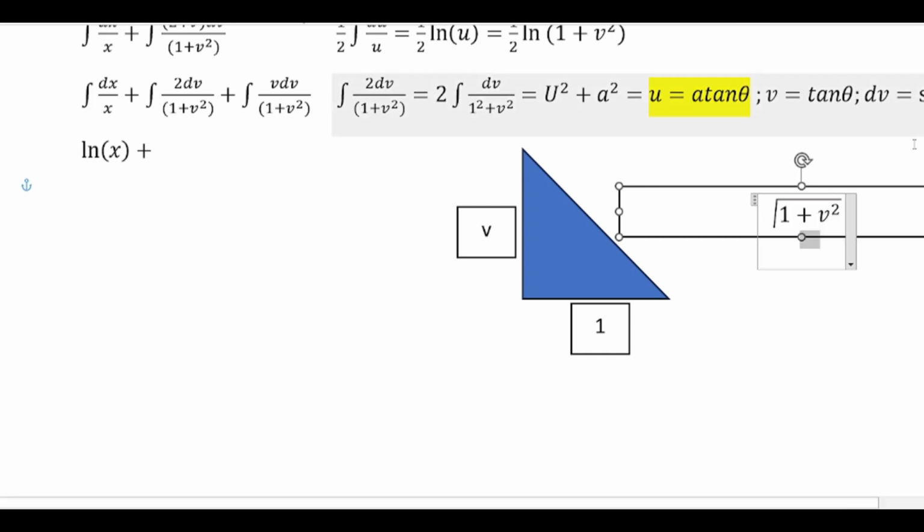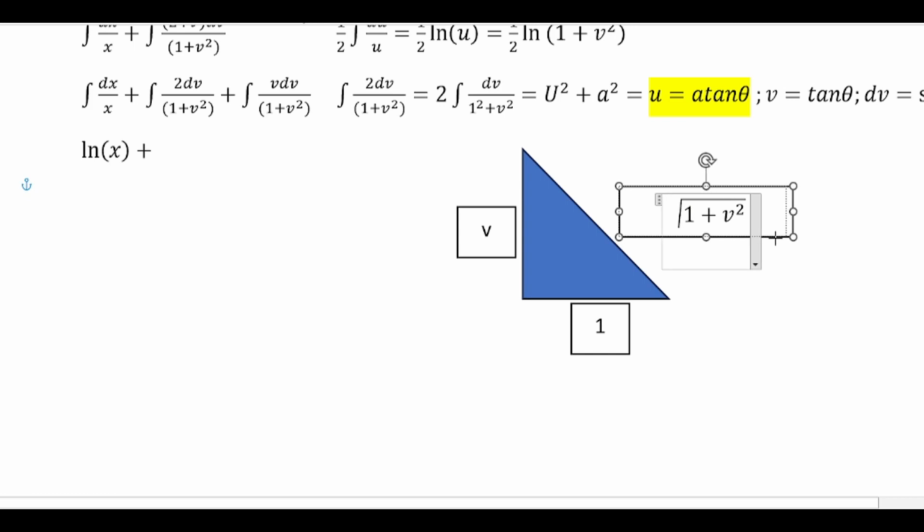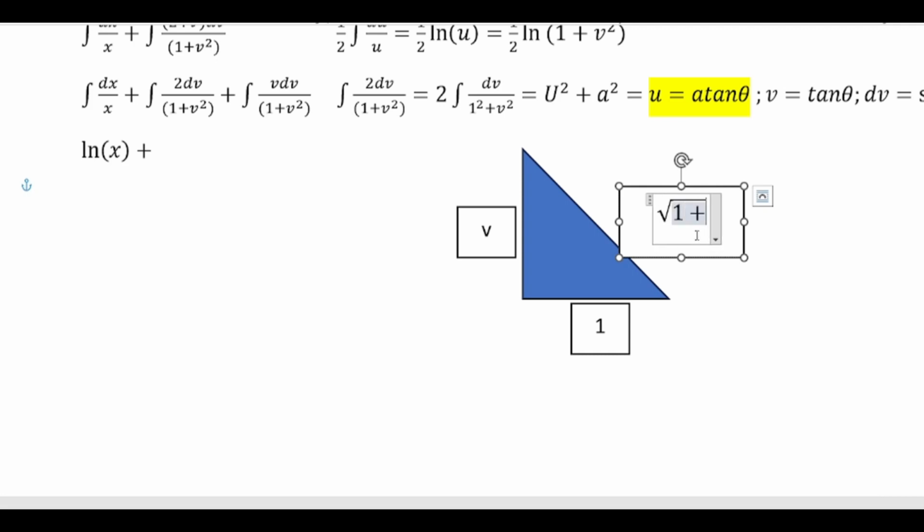Right? Okay, we can just shrink it out. Again, 1 plus v squared. There we go. So that's all the components that we need.